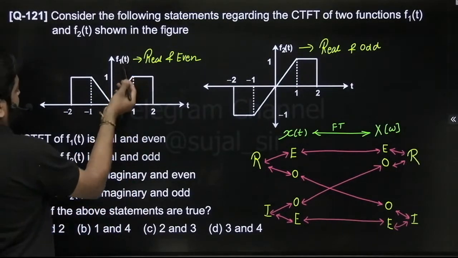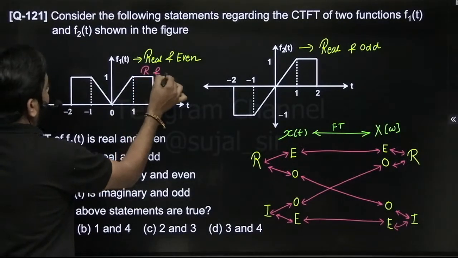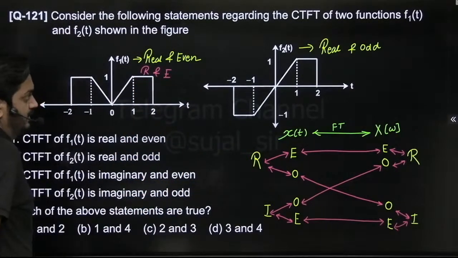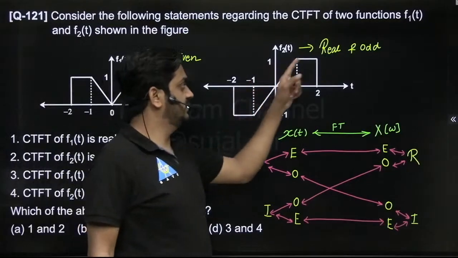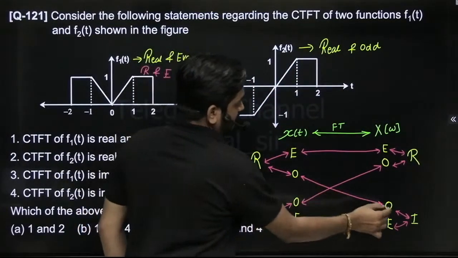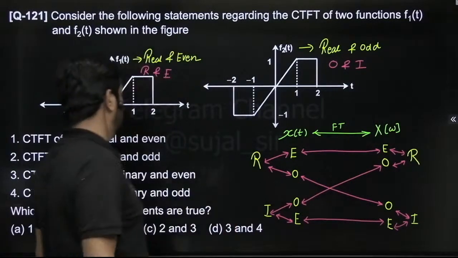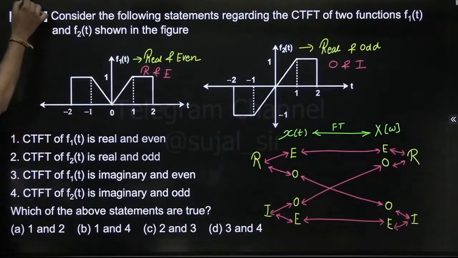As f1 of t is real and even, the corresponding Fourier transform will be real and even according to this. Now as f2 of t is real and odd, the corresponding Fourier transform will be odd and imaginary, guys. So out of 4 statements, how many statements are correct?